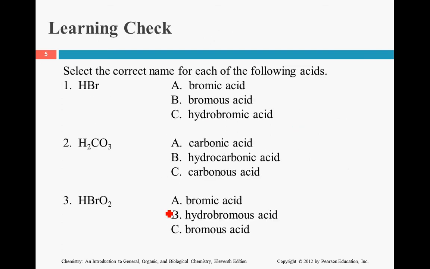Alright, so let's take a look at these acids. We know they're acids because they begin with hydrogen. It's bonded to a single element. It's bonded to bromine. Notice that these below are bonded to multiple atoms. That means that these are polyatomic ions.